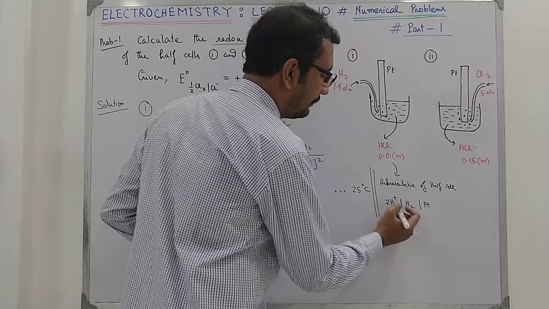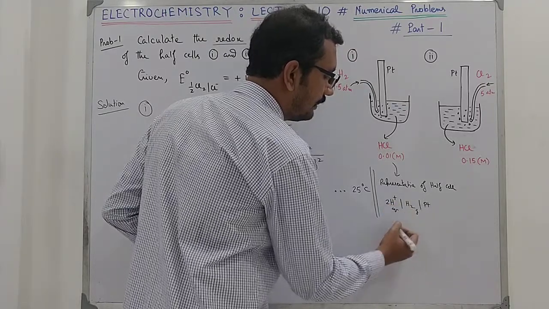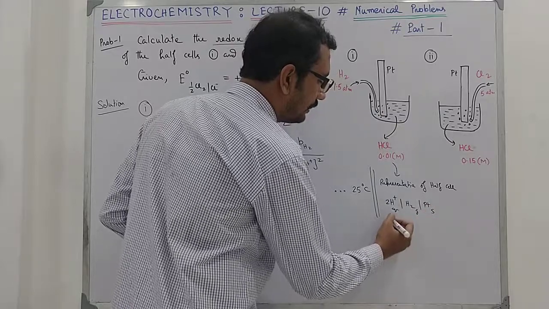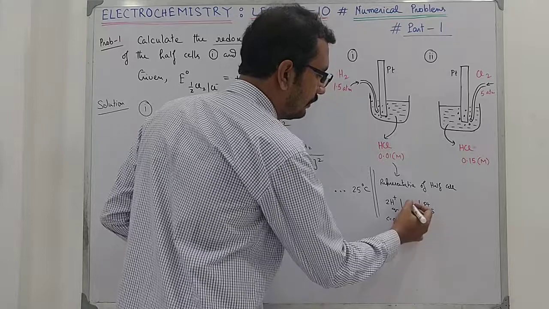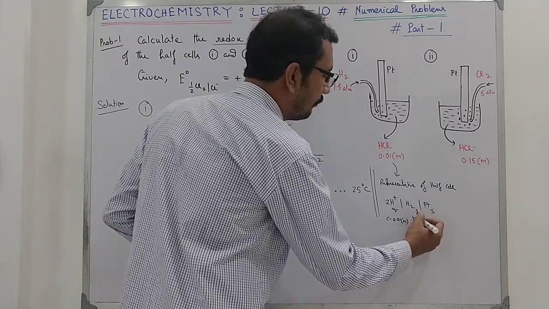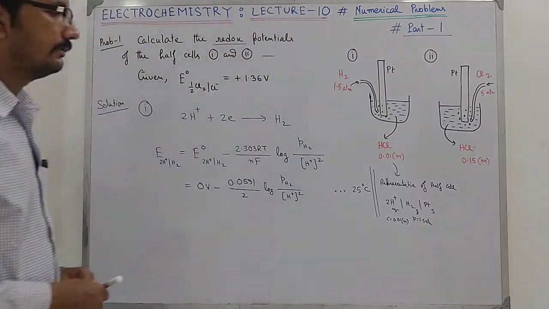So it will be aqueous, gaseous, and solid, and the concentration here is C equal to 0.01 molar, and the pressure is P equals 1.5 atm. So this is the representation of this half cell.